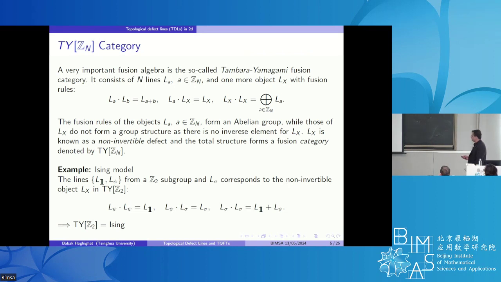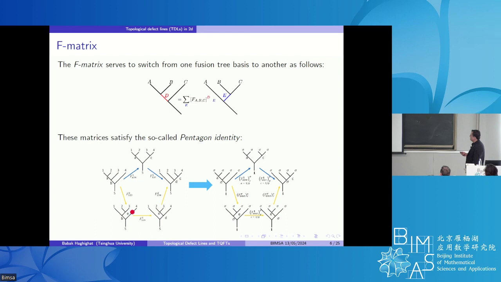Okay. So now another important ingredient is that you have this F matrix. If you see these lines, they can form trees, right? You can take A and B, they fuse to D, that fuses to C, and so on. Say this last one is just a vacuum, the transparent line. Then you can have this tree, and then you can take this B leg and attach it to C, as done here.